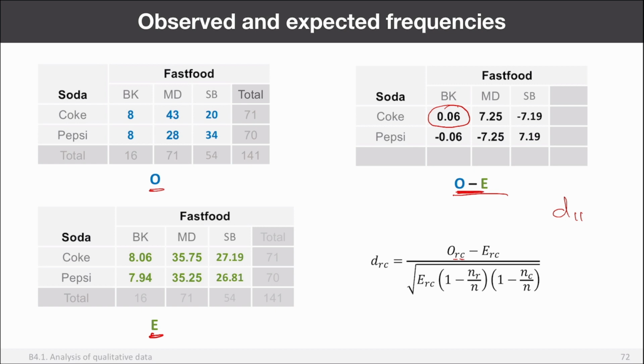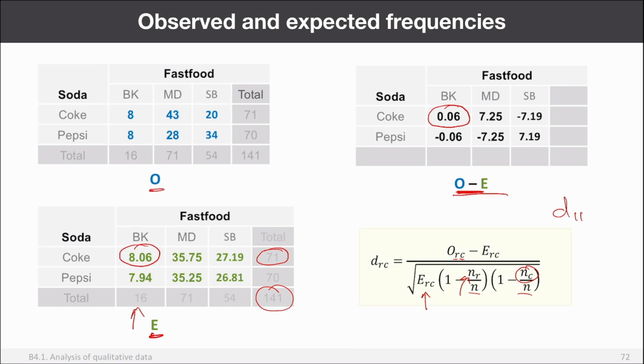We still need to standardize it. You remember, this is the E, this expected frequency here. And R is how many values you have in this particular row. So in our case, it's 71, right? And C is how many values you have in this particular column. In our case, it's 16. And N is the total number of values, 141, right?